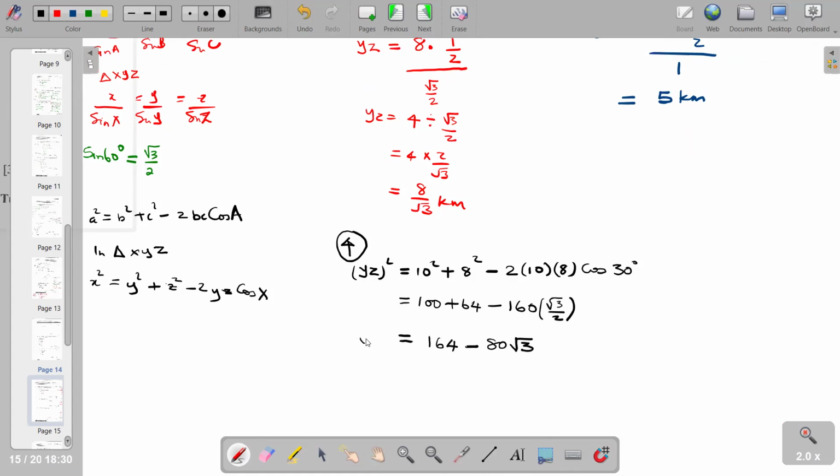That's our YZ squared. Get the root here, get the root there. So you could leave YZ as the square root of 164 minus 80 root 3.